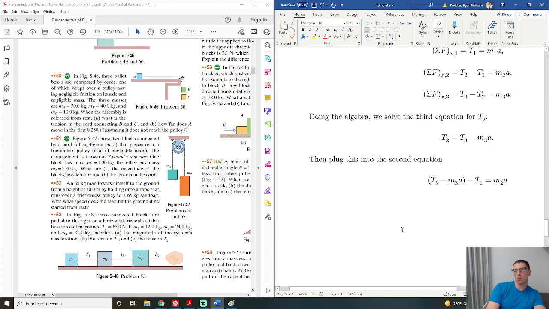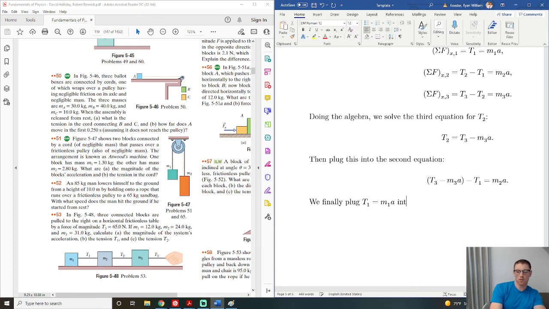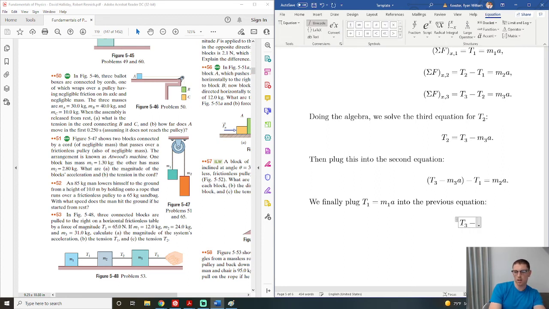Well, we need to do one more thing here, actually. I'm going to say we finally plug T1 equals M1A into the previous equation. So we end up with T3 minus M3A minus, now T1, from our net force equation, is just M1A.